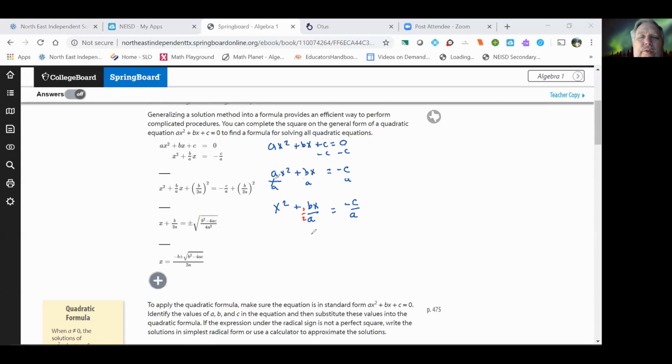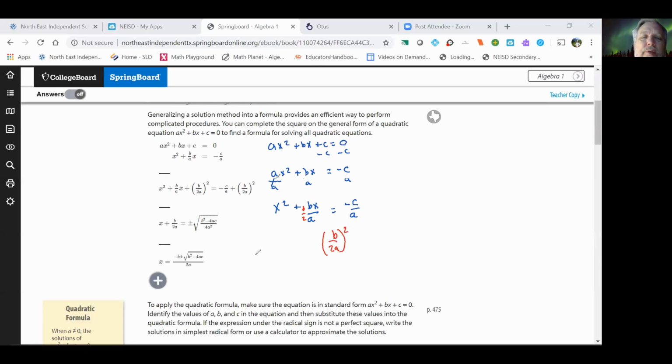So we're going to have 1 times b is equal to b, and 2 times a is equal to 2a. So we're going to have b over 2a, and then we're going to square it. Okay.